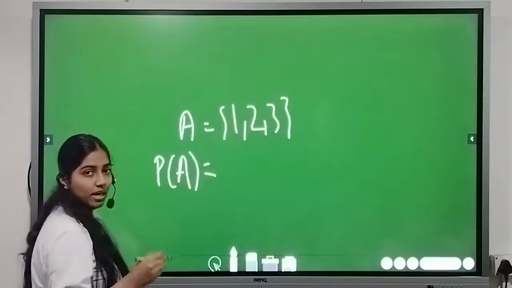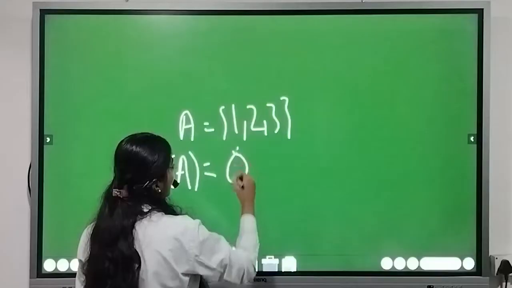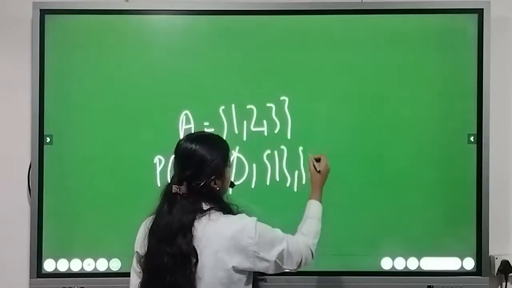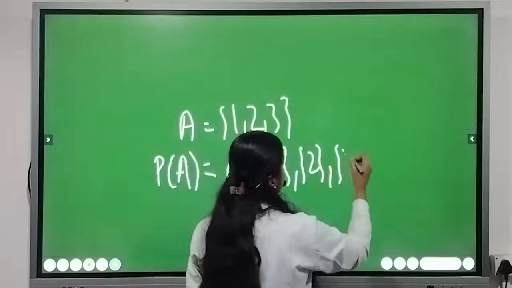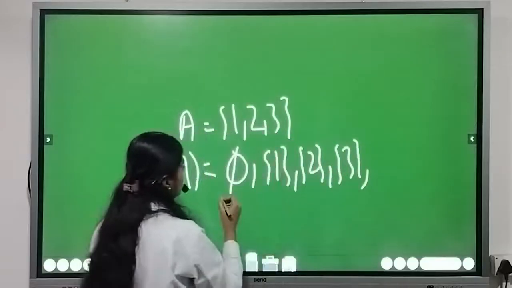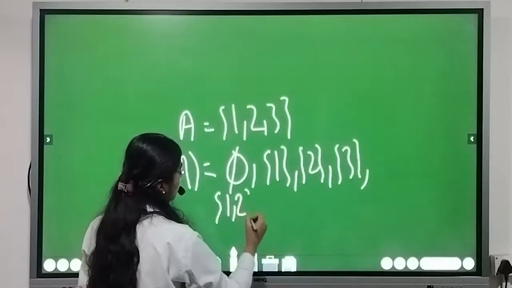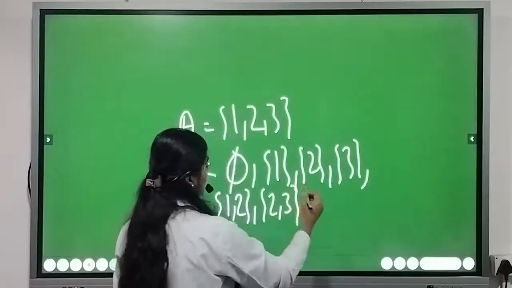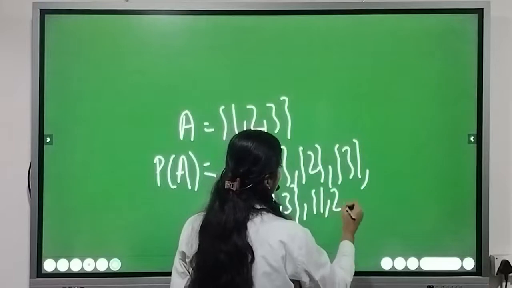First of all, we write the empty set φ, and all the single elements {1}, {2}, {3}, and now we'll write the pairs {1, 2}, and lastly {1, 2, 3}.